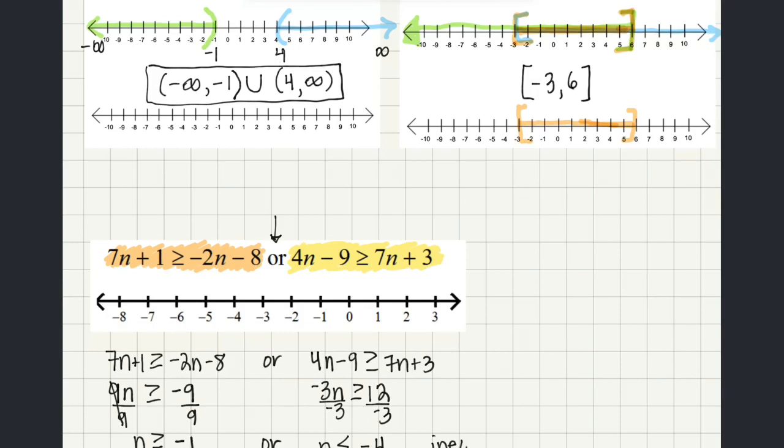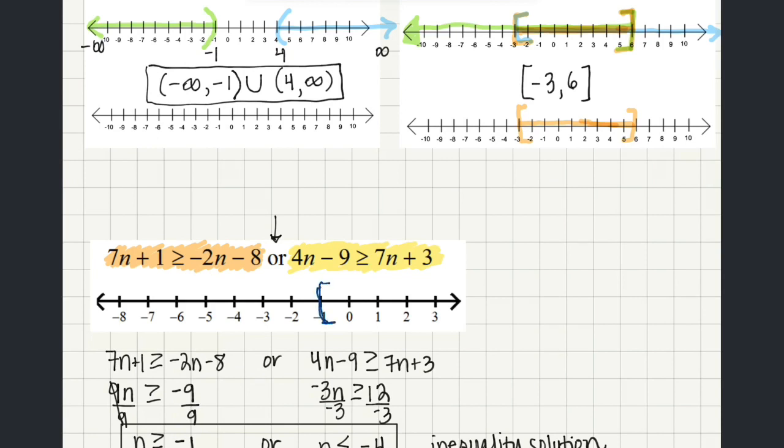This is my solution as an inequality. However, I want to graph that solution. So I'm going to come up above. n is greater than or equal to negative 1.